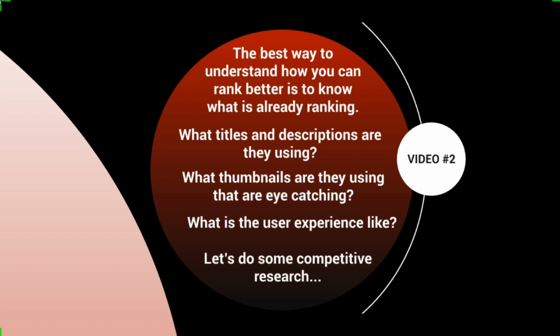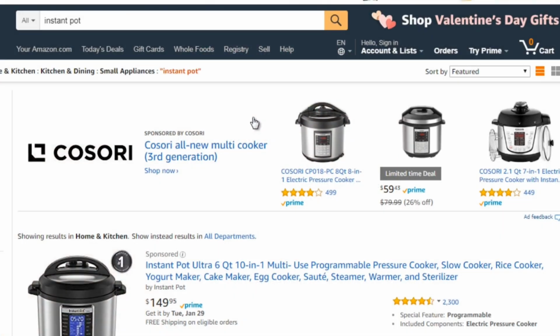So let's go ahead and do some competitive research. To make sure that we find YouTube videos that actually relate to promoting a product, what I want to do now is pick a product out of the blue and take a look at YouTube.